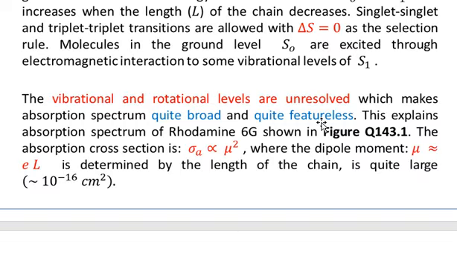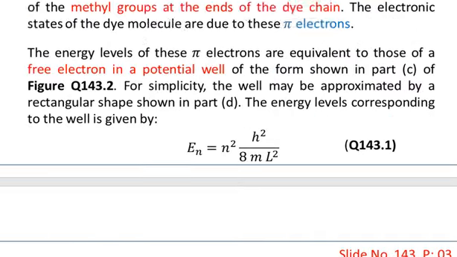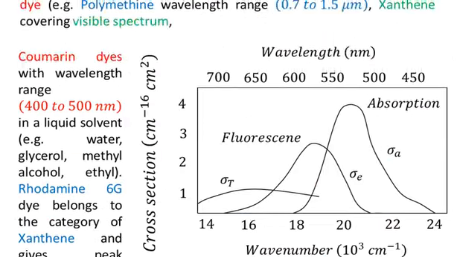That is, it is hard to see even the vibrational states. This explains the absorption spectrum of rhodamine 6G shown in figure number 1. So you see that due to the continuous broadband spectrum, the absorption spectrum of rhodamine 6G is shown in figure 1, which you can see over here.